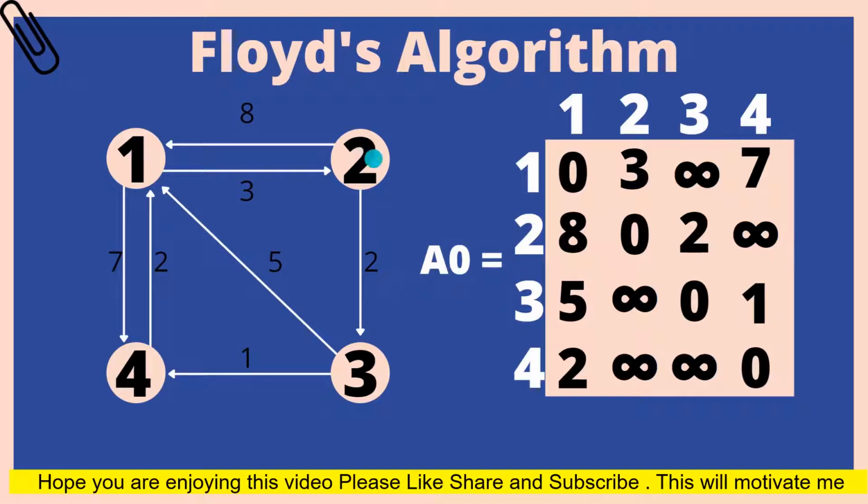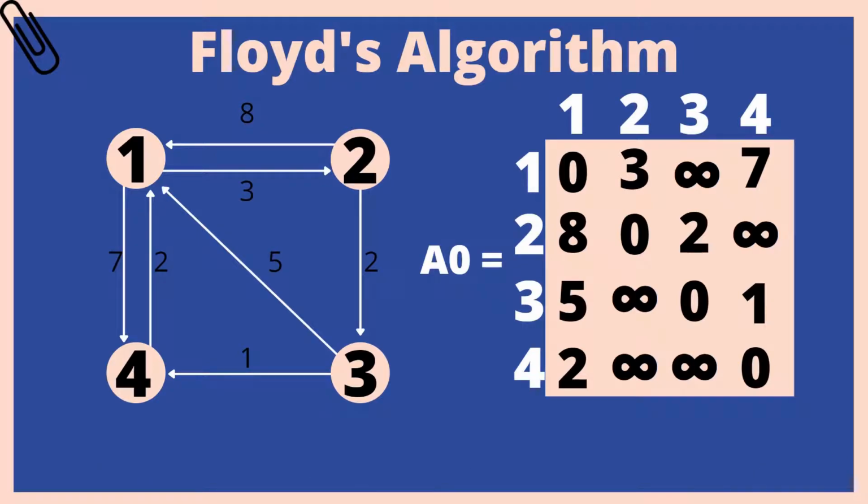So we can see that yes, there is another way, that is via 3. So if we move from 2 to 3 and then 3 to 1, then the combined length is going to be 7, which is smaller than 8. So this Floyd algorithm is going to give us the minimum distance of every vertex from every vertex.